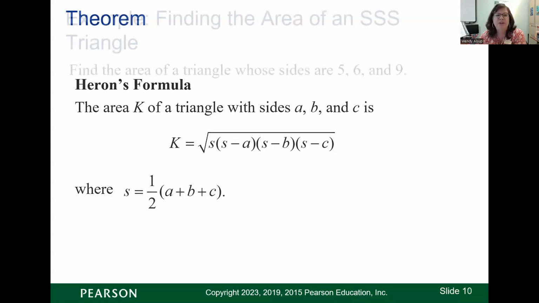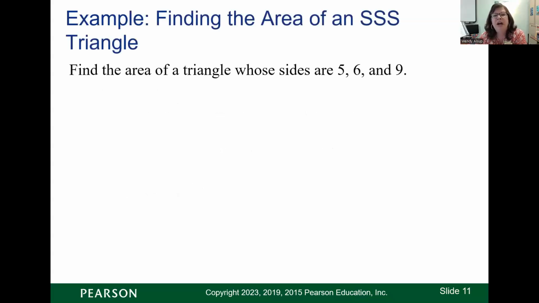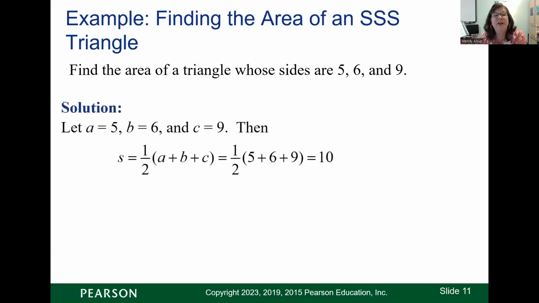All right, so let's do one. We know three sides, we don't know any angles, but we have a triangle and it has sides of 5, 6, and 9. Then we just substitute, first to get our s. It's going to be 1/2 of 5 plus 6 plus 9. 5 plus 6 plus 9 is 20. 1/2 of 20 is 10. So our s value is 10.